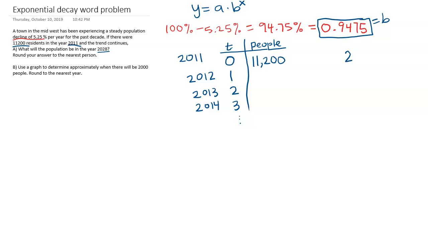So we want to know what's going to happen in 2028. Right now, that start amount was in 2011, so I need to subtract those numbers. So that gives us 17. So in 2028, our t will be 17.